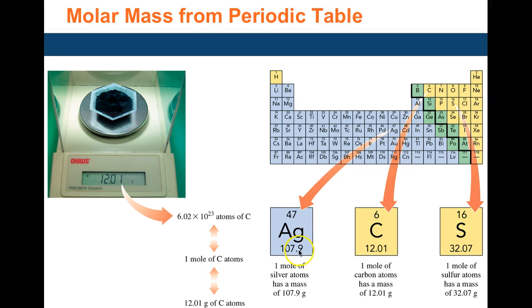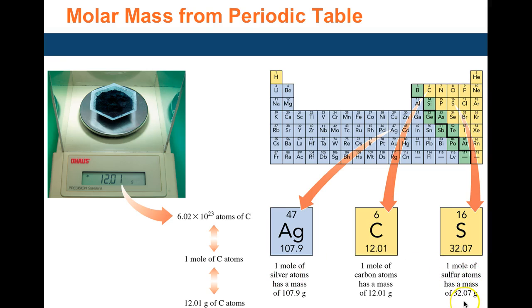So 1 mole of silver is 107.9 grams. Carbon is 12.01 grams. So if you are weighing out 12.01 grams of carbon, you're actually weighing out 6.02 times 10 to the power 23 atoms of carbon. That's how many atoms of carbon are in this 12.01 grams.